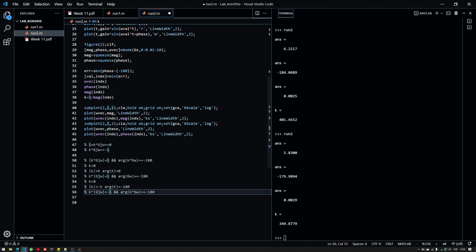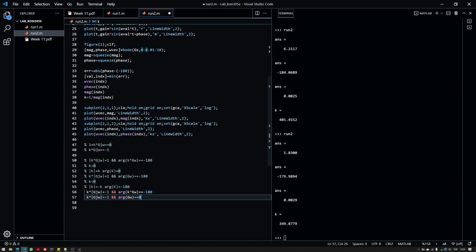It should be equal to minus 1. And then we have also this here, but we can see that this would be argument k plus this. And since this is minus 180 degrees, I can see that this would be equal to 0. So let's get rid of that. And this would be equal to 0.